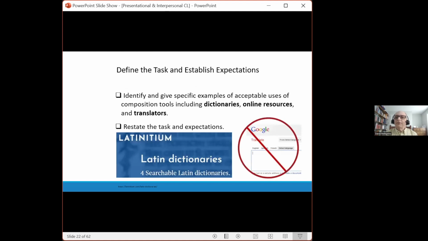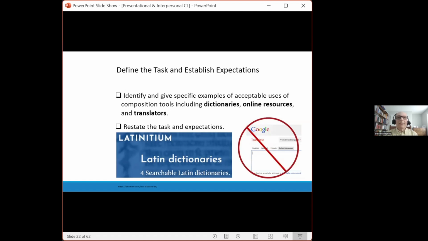Now it's time to define the task and establish expectations. It's really important in this day and age to identify and give specific examples of acceptable uses of composition tools, including dictionaries, online resources, and translators. You, as a professional, are going to make these decisions based on your students and your experience with your students, your own vision for using these tools, and your school policies about these tools, or even departmental expectations, to lay out for the students what they can use, what's acceptable, and what's not.